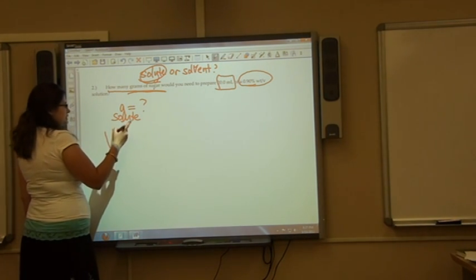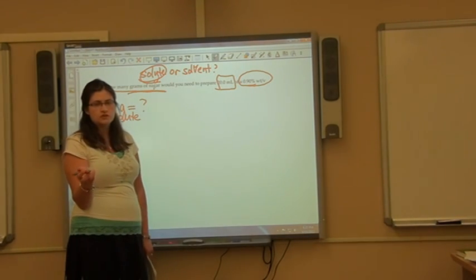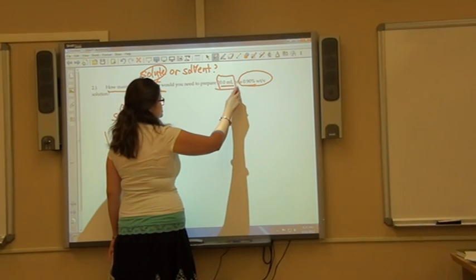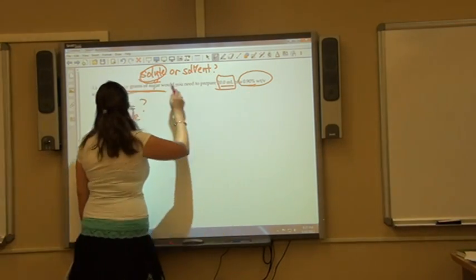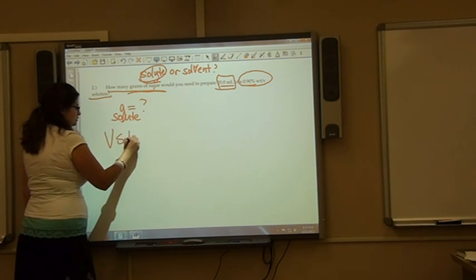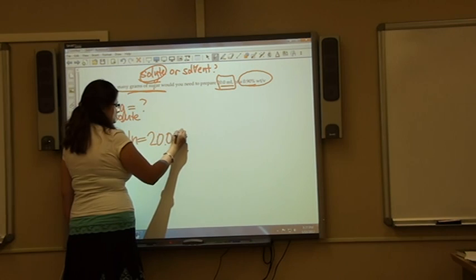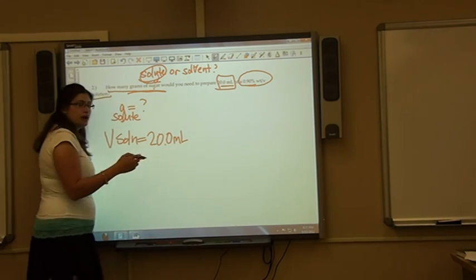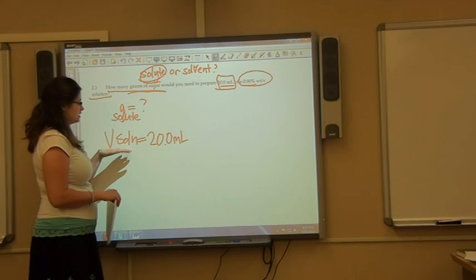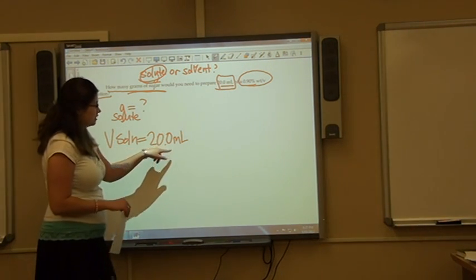And now this time, is that 20 milliliters your volume of your solution or of your solvent? Well, here it says to prepare 20 milliliters of a something solution. So this is volume of a solution, and that equals 20.0 milliliters. And now it's imperative for you guys to make sure that when you're recopying that problem information into your table of knowns and unknowns, that you always write out the exact number.